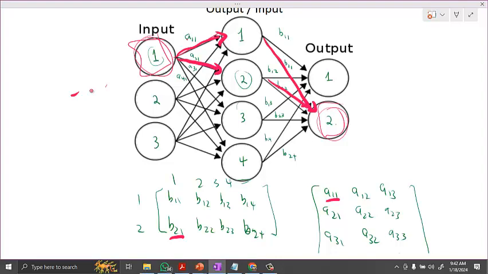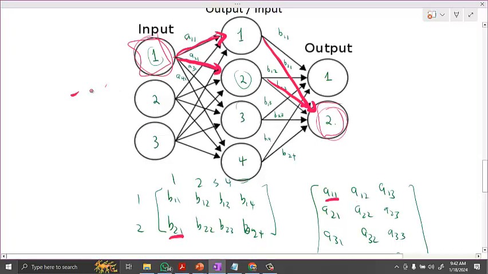Then the next one I have A12, and then this is B22, right? So A12, and then, all right, hang on, I'm doing something wrong here. Yeah, I did this wrong, sorry, it's not A12, it's A21. You see I wrote A21 here, so let me remove that. The next one is going to be A21, and then B22. This one is A31, and then this is going to be B23.